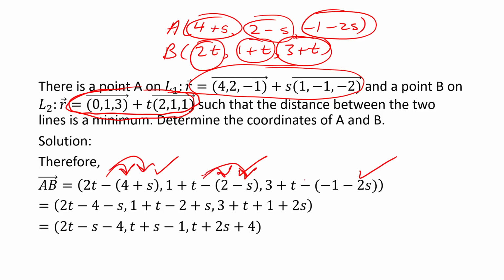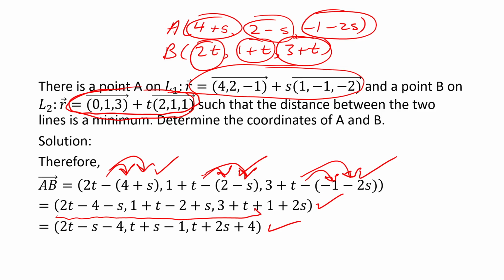We'll determine the expressions for x, y, and z, and then do a little bit of simplifying. When we do that, we get the vector AB equal to the vector shown at the bottom of your screen: 2t minus s minus 4, t plus s minus 1, and t plus 2s plus 4.